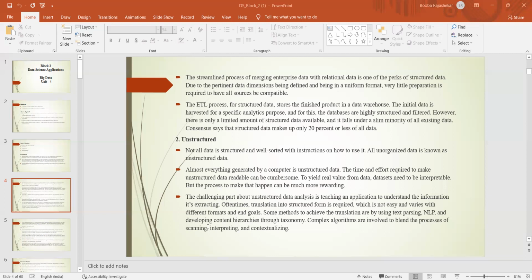Some methods to achieve the translation are text parsing, NLP methods, and developing content hierarchies through taxonomy. Some complex algorithms are involved to blend the process of scanning, interpreting, and contextualization. So these are the main concepts present in unstructured data.